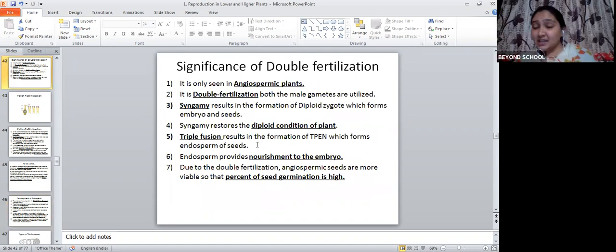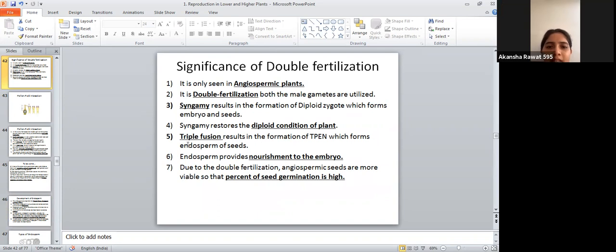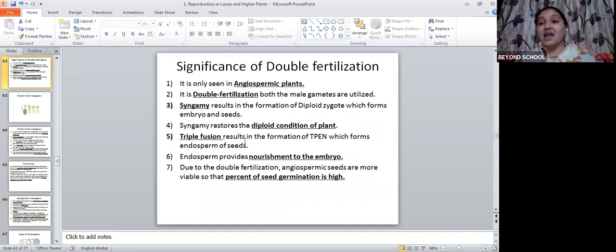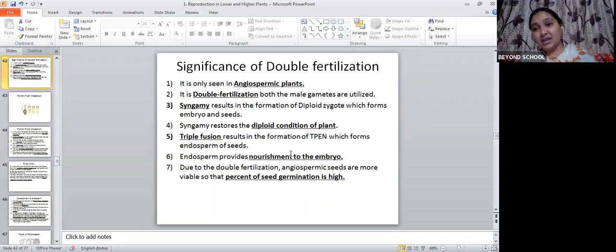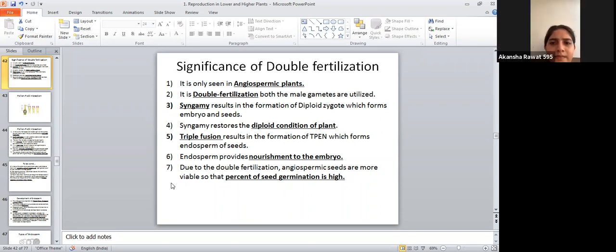The second male gamete which has fused with the female gamete, what has it done? It has formed the endosperm of the seed. And this endosperm of the seed provides nourishment to the embryo of the seed. Right, Akansha?